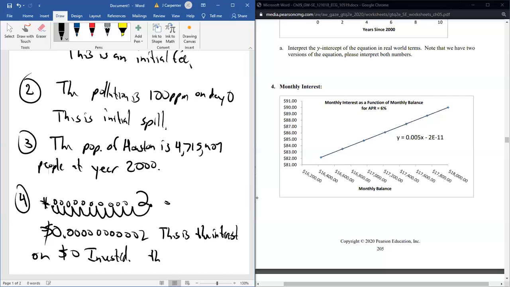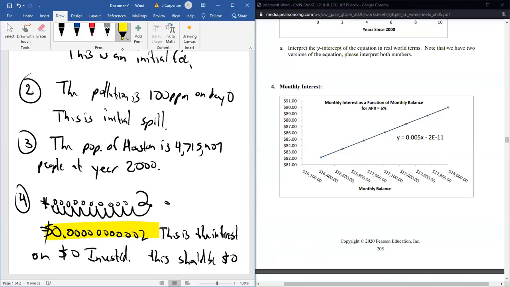So this should really be $0. When I say this, I mean that number. Because how in the world is anyone going to get $0.0000000002? That's not even cents. That's not even hundreds of cents or thousands of cents.